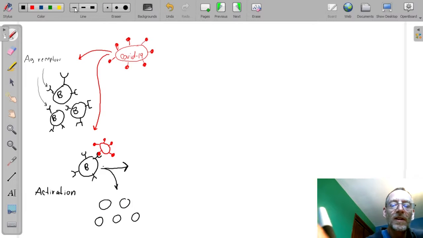And what's important is that all of them are genetically identical to the original cell, and they all have the same antigen receptor on them. So all of these have these little half circles, and I'm only drawing a couple in the interest of time. But these are the memory cells. They're identical.